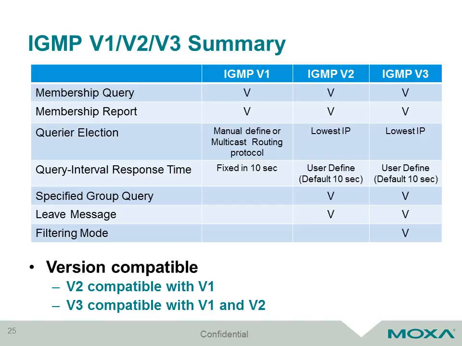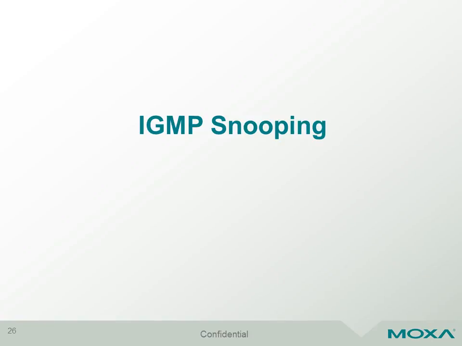IGMP version 3 has one new feature added on top of IGMP V2, which is filtering mode. Regarding version compatibility, IGMP version 2 is compatible with version 1, and IGMP version 3 is compatible with version 1 and version 2.